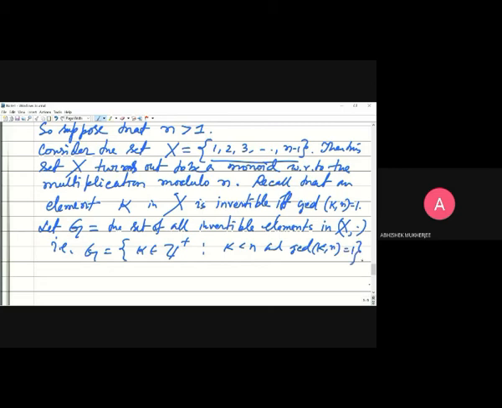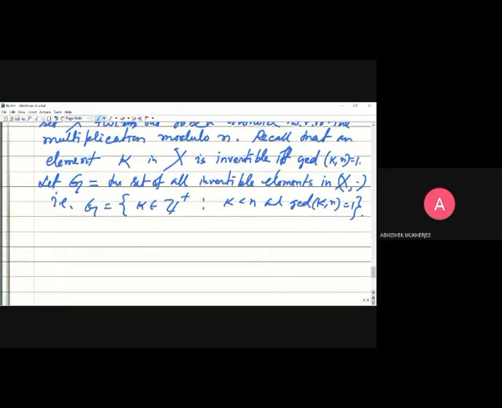And we have proved in our earlier discussions that this is the group of units. So G forms a group with respect to the dot induced on X, the multiplication modulo n.